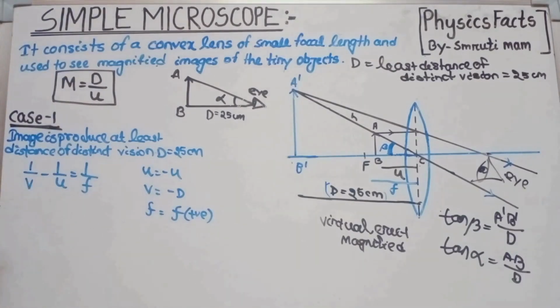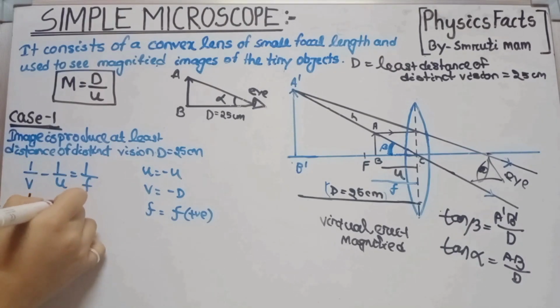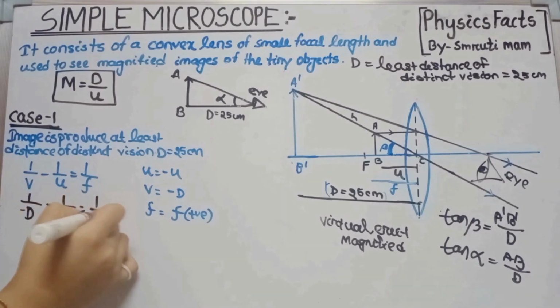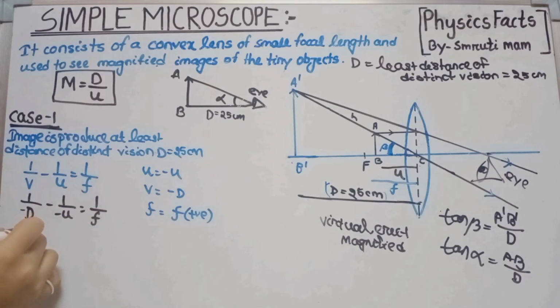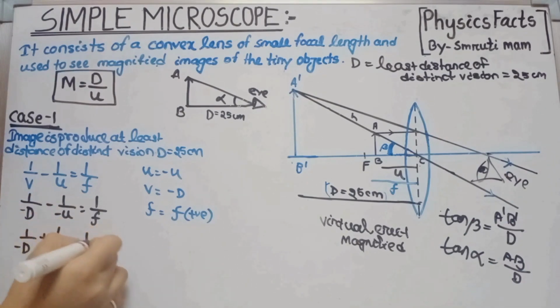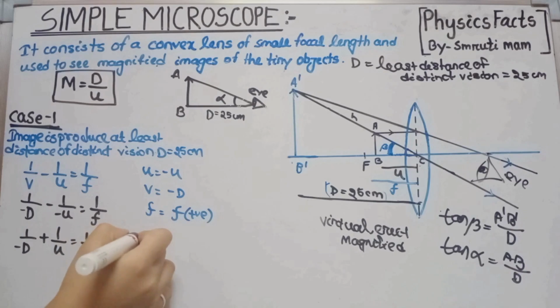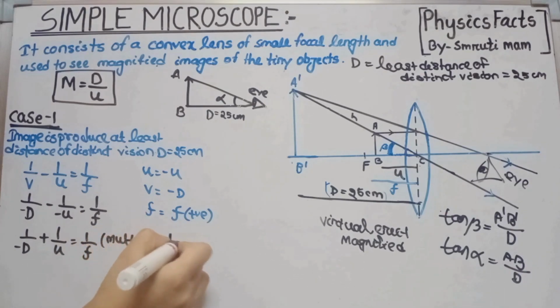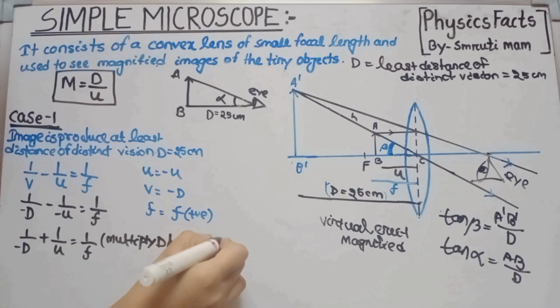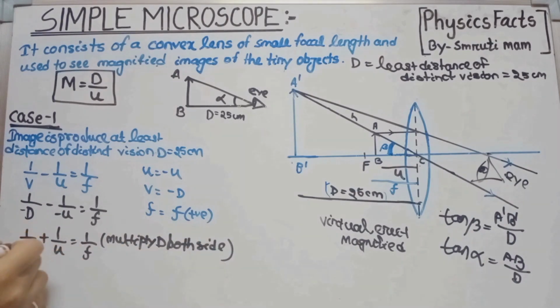Then we got 1 by minus d minus 1 by minus u equals to 1 by f. Okay. Then this one equals to 1 by d minus minus plus 1 by u equals to 1 by f. Multiplying d both sides, then what we got, d multiply कर दो both side में तो d by d ये cancel हो जाएगा -1 plus d by u equals to d by f.